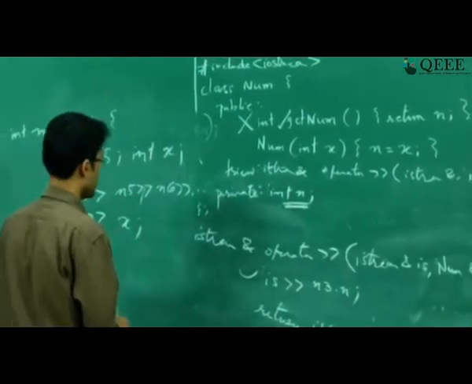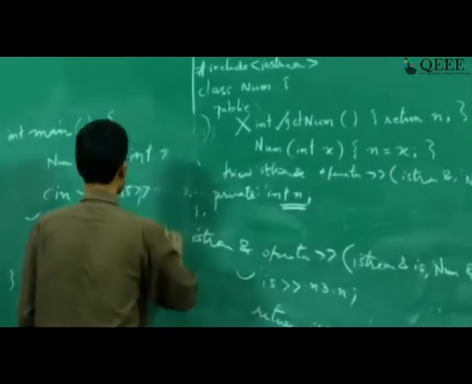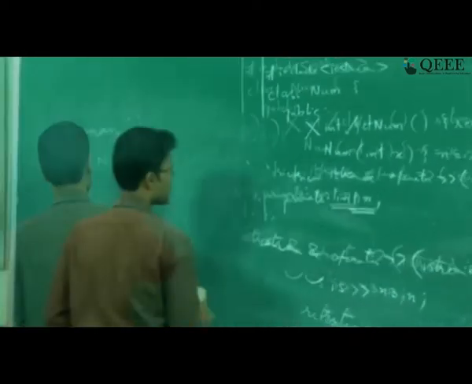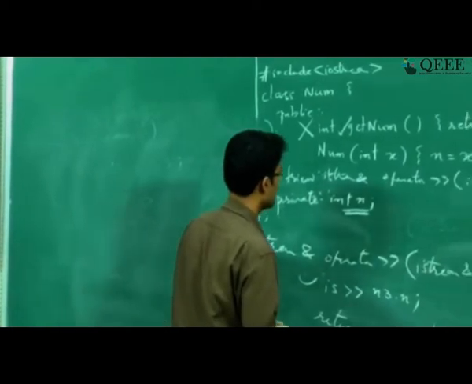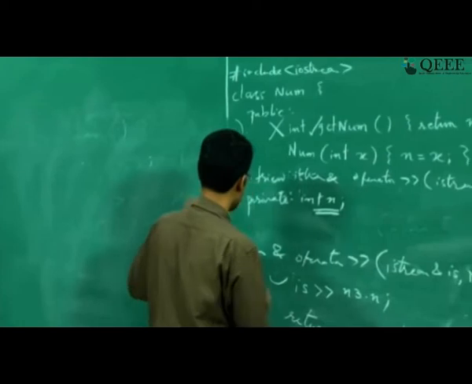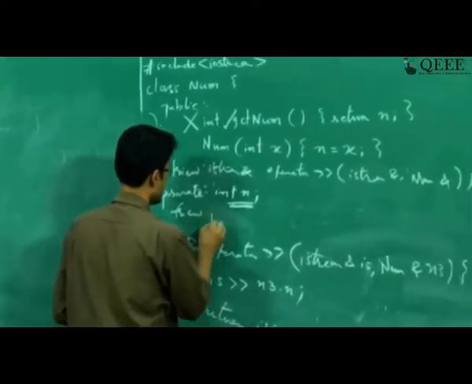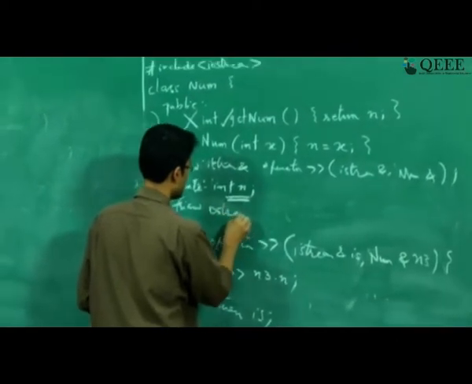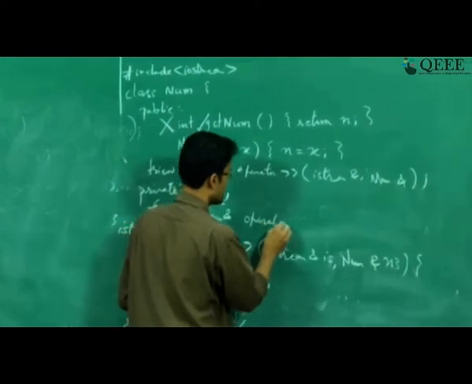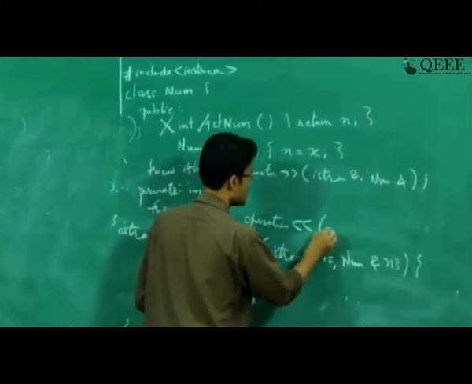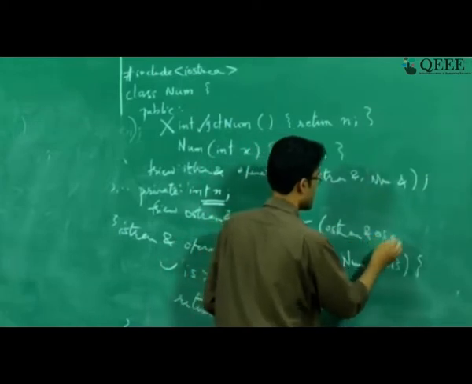So here, I'm going to now not worry about main. Instead, there is a friend function here. I'm going to add another friend function, ostream, which is the operator left shift, which takes ostream as a parameter.